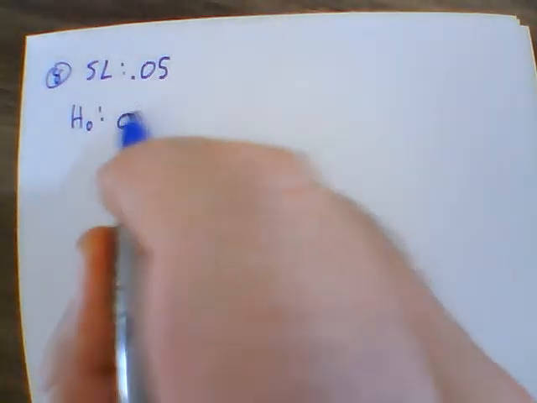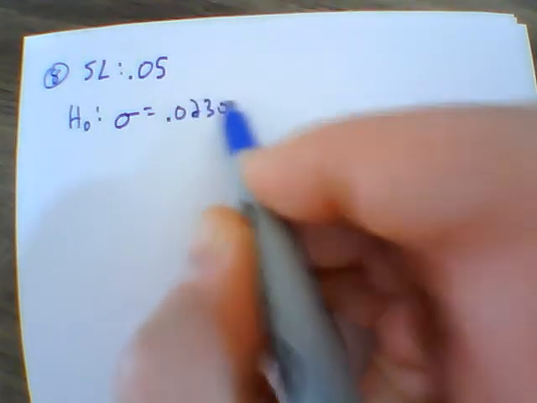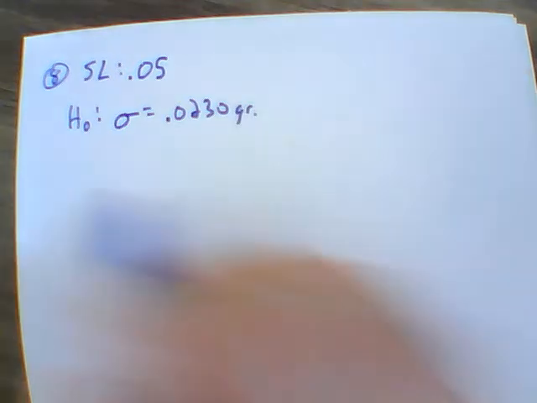We look at our null hypothesis, okay? On our null hypothesis in this part, we're testing the standard deviation. Once again, that post value here would be 0.0230. So we have our sigma is 0.0230 grams.